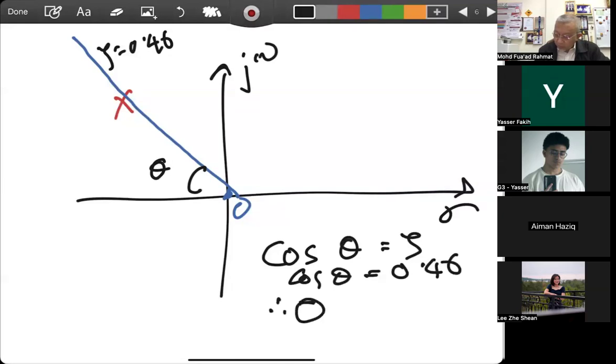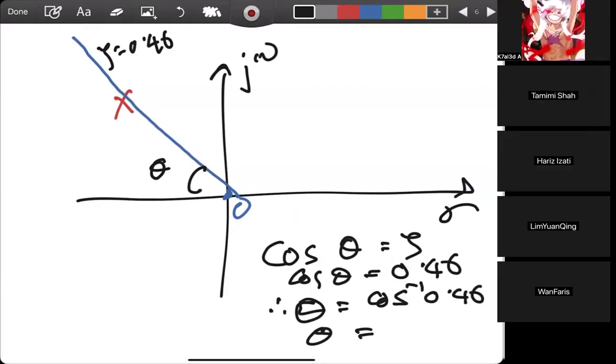Therefore, theta is equal to inverse cos 0.46, which will give you 62 degrees. Okay, guys? Understand?